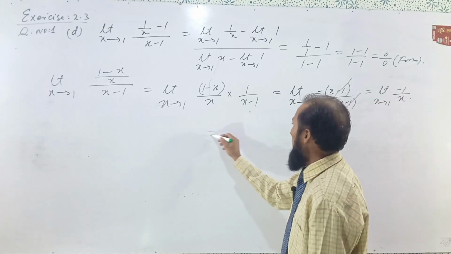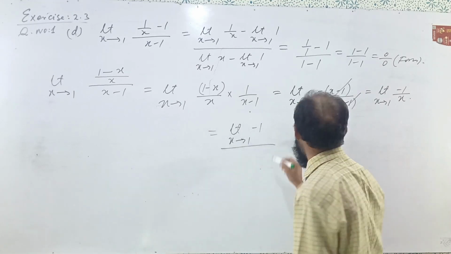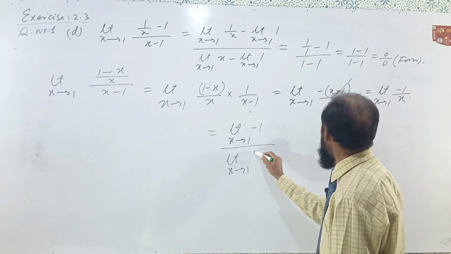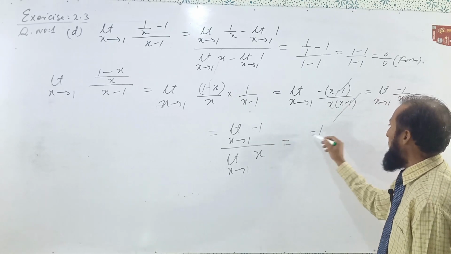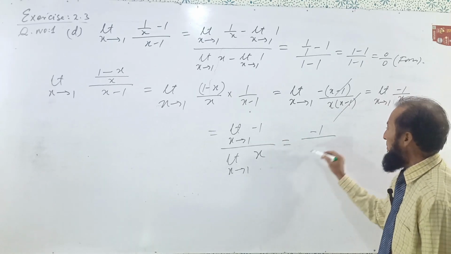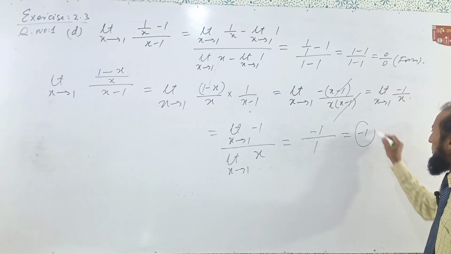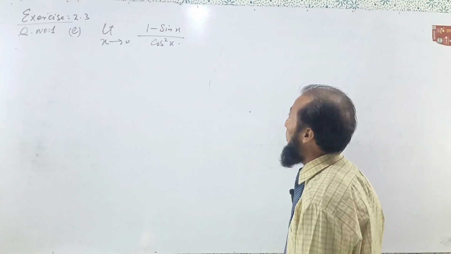Now we apply limit x tends to 1 of minus 1 divided by limit x tends to 1 of x. Here the constant rule is applied, so we get minus 1, and in the place of x we put 1. So the result is minus 1.